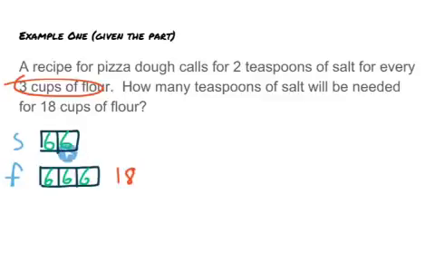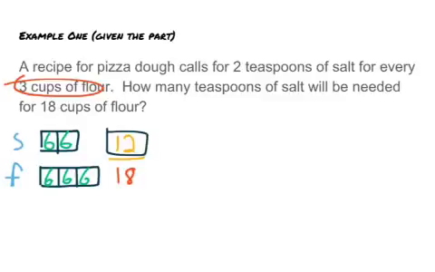So when you combine these 2 6s, you get a total of 12. So our fraction or our ratio now is 12 to 18. And we realize that the answer, how many teaspoons of salt will we need, is the 12. Okay, this is our answer here.